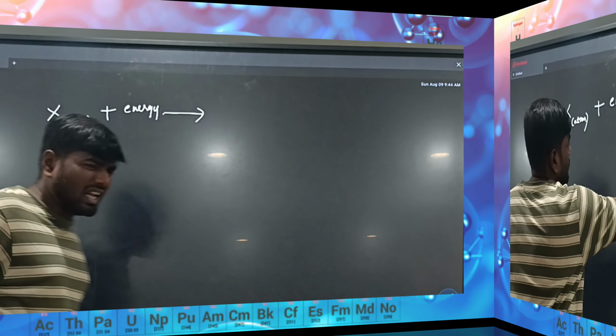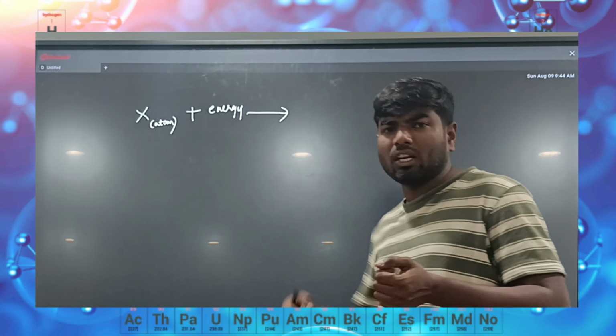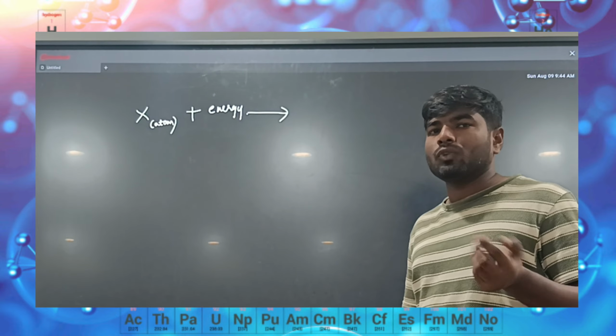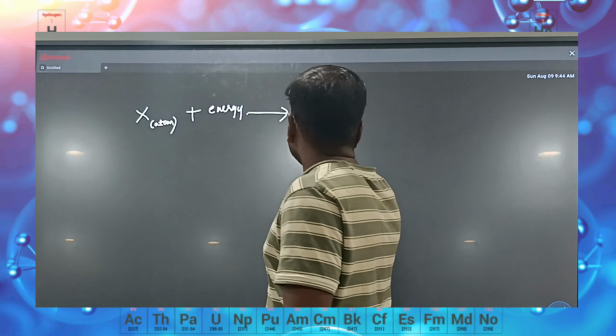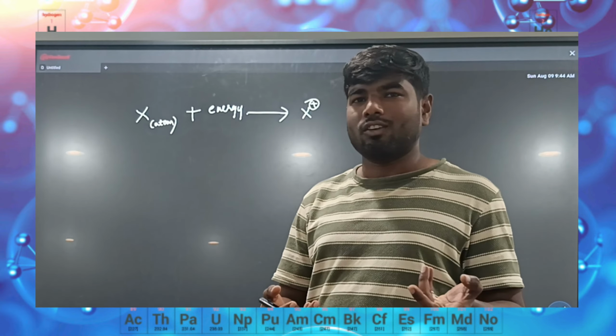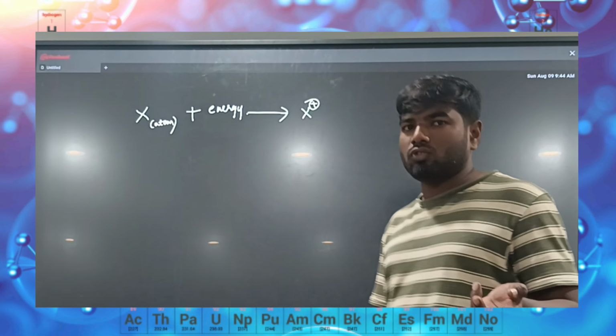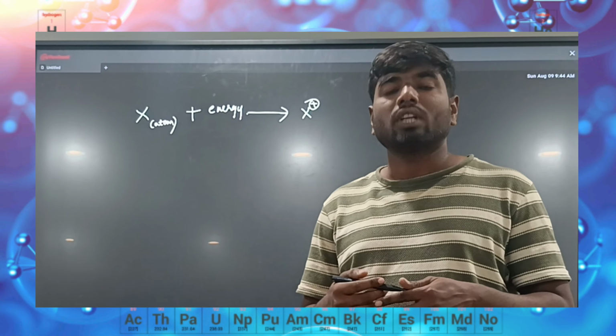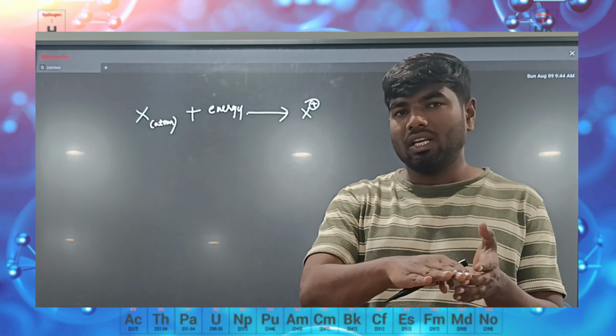When an electron is removed from the neutral atom, what charge will the neutral atom get, positive or negative? Positive, of course. Why? Because in chemistry, positive means loss of electrons and negative charge means gain of electrons, since the electron has negative charge.